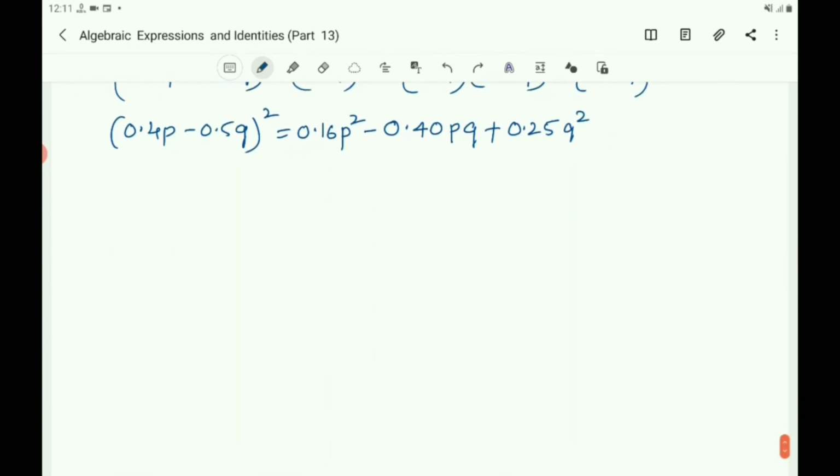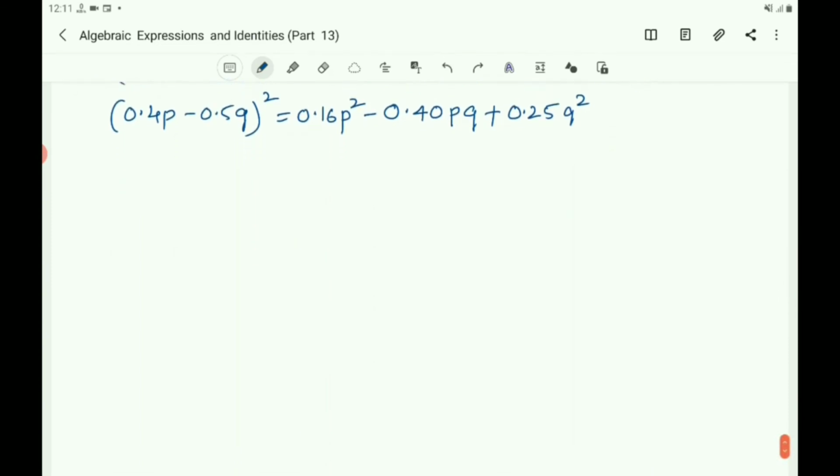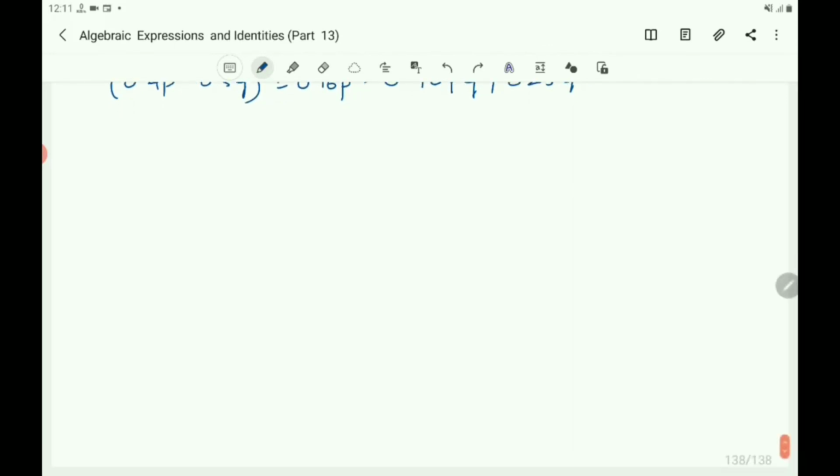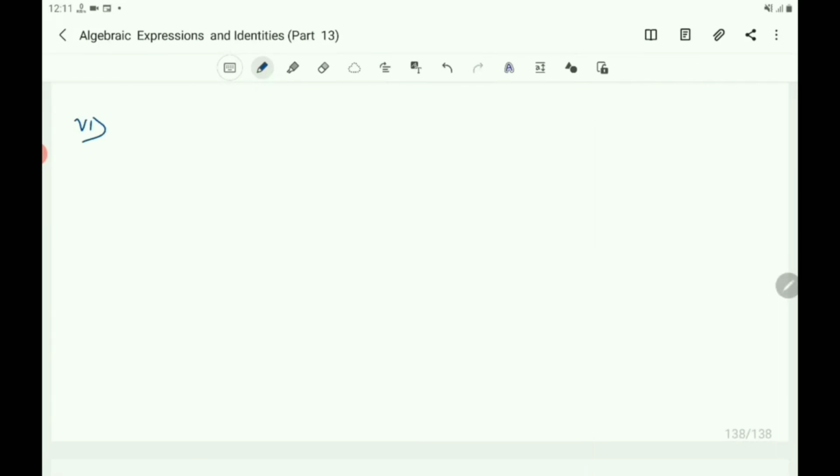Next you take 2xy plus 5y whole square, that is the sixth one. Now you can use the identity a plus b whole square. It is in the form of a plus b. So you write a plus b whole square equals a square plus 2ab plus b square.